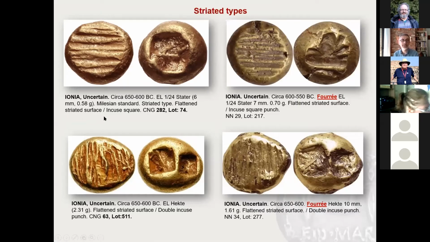Here we have the striated type, different ones, one punch mark, two punch marks, and here we have the forrées. By the way, forrée is a French word for plated coins. Numismatists are interesting people. Somebody starts using a term and everybody follows.